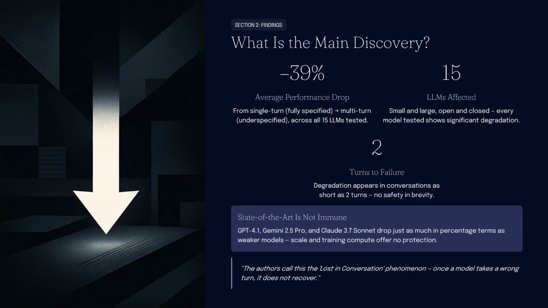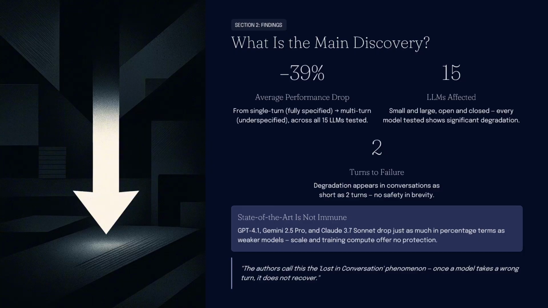And three things make this especially striking. First, it happens to every single model, from the small open-source Llama 3.1 8B all the way up to Gemini 2.5 Pro and GPT-4.1. Second, it appears in conversations as short as 2 turns. There's no safe minimum.